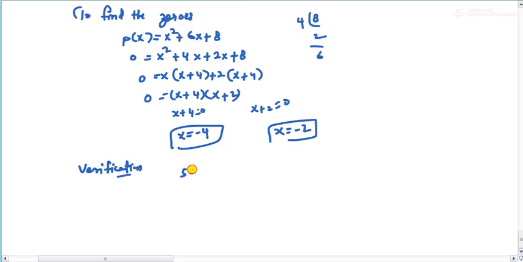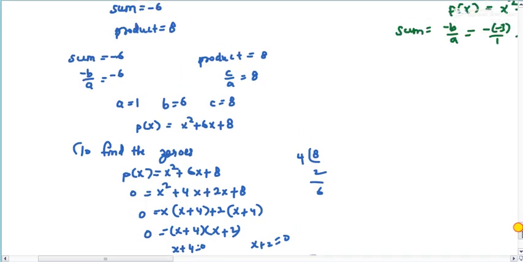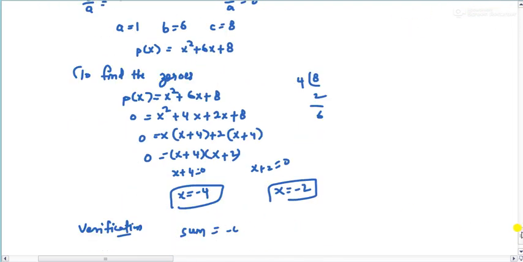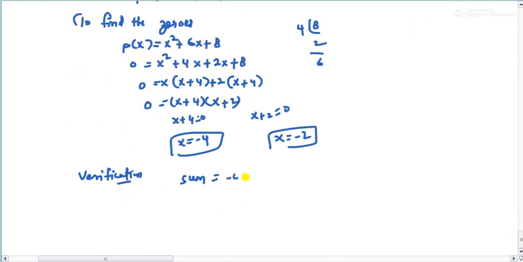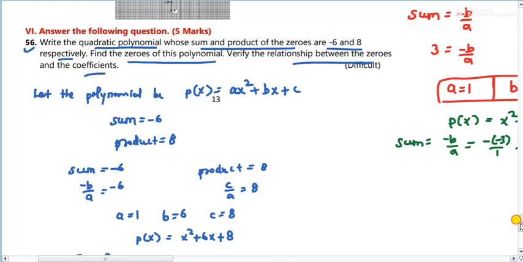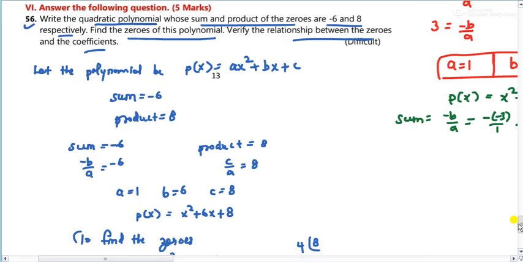You can just do sum here. The sum and product are already given, so no need to do this, but you can write this step. Find the zeros and verify the relationship between the zeros and coefficients. Between the coefficients, they have already given it here.